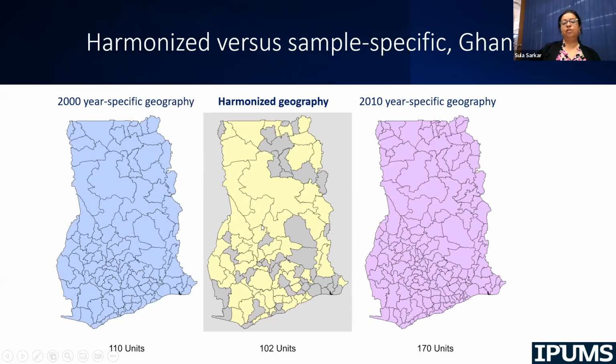Your harmonized geography, the yellow units, have been dealt with spatial harmonization treatment. And if we count the number of units, we have 102 units.